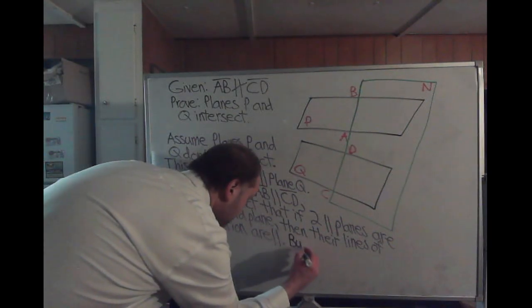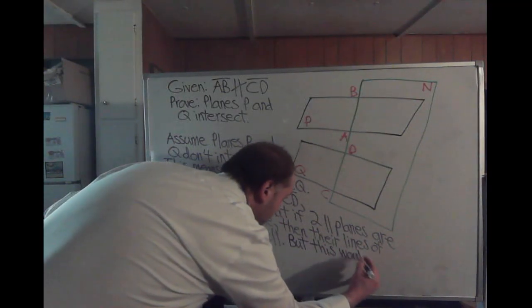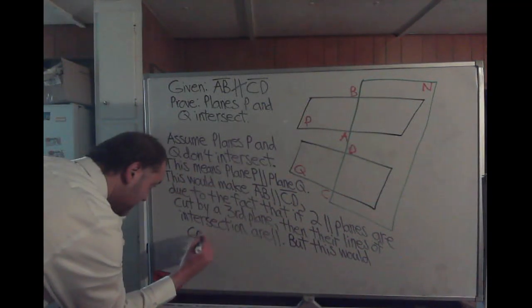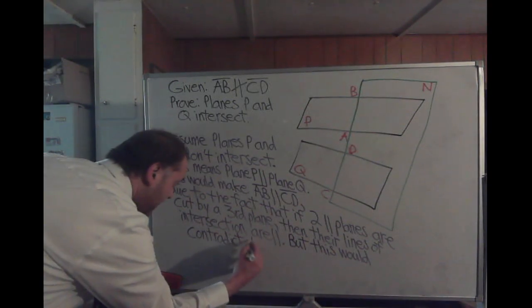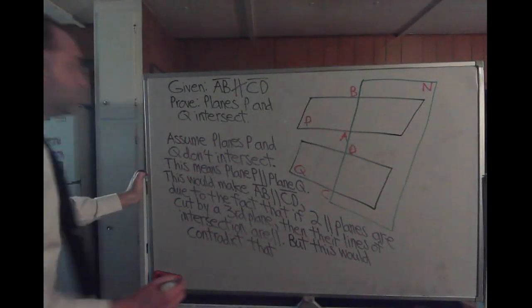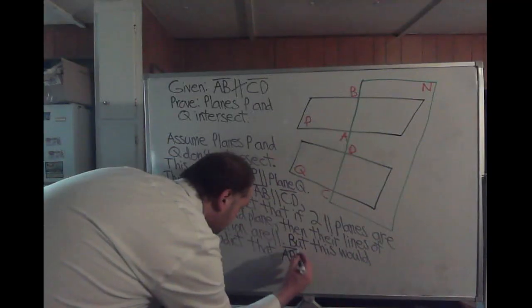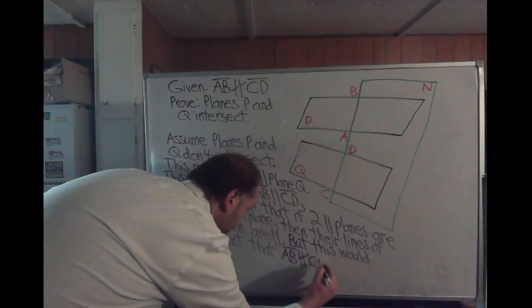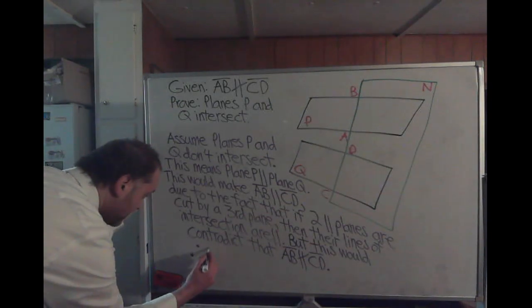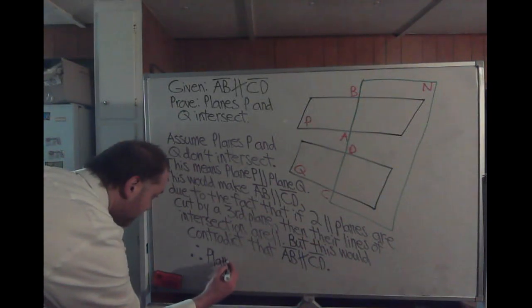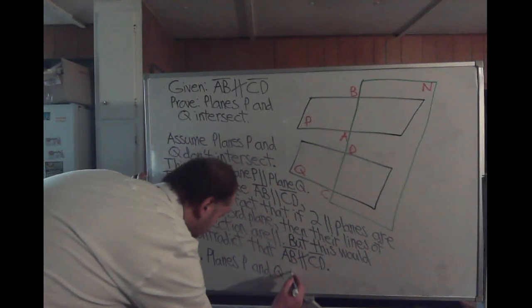But this would contradict that AB is not parallel to CD. Therefore, it must be true that planes P and Q intersect.